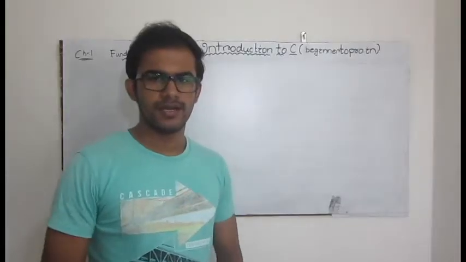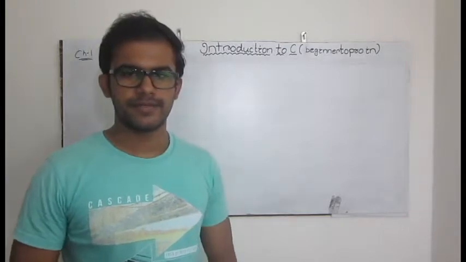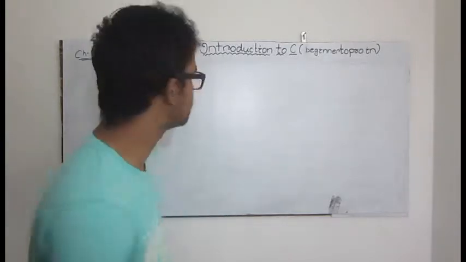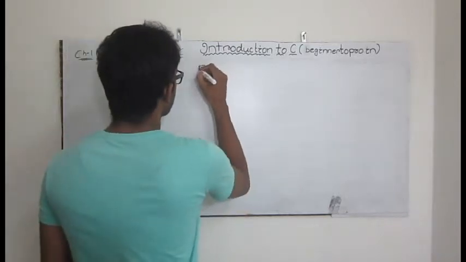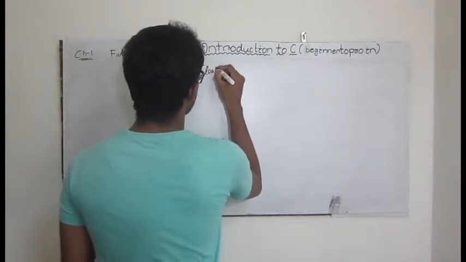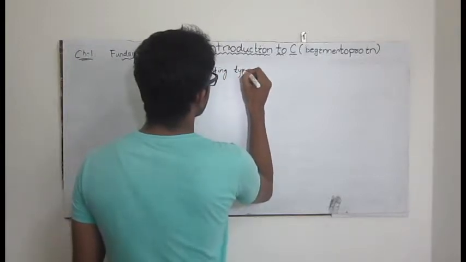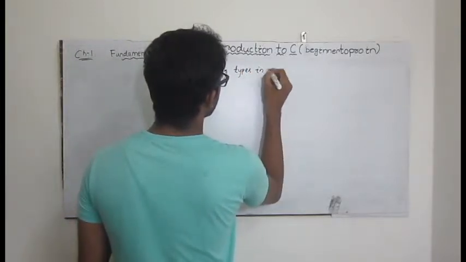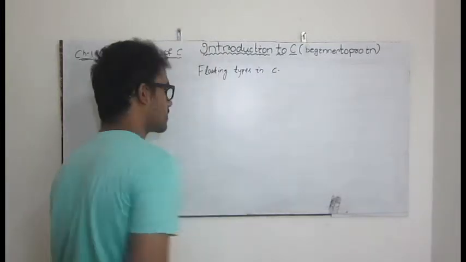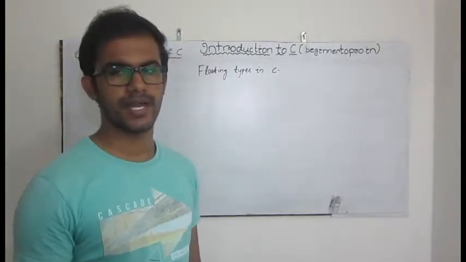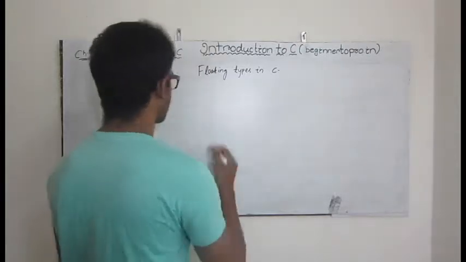So guys, after the integer types, we'll now move on to floating types in C. Here we'll include type, approximate range and significant digits.